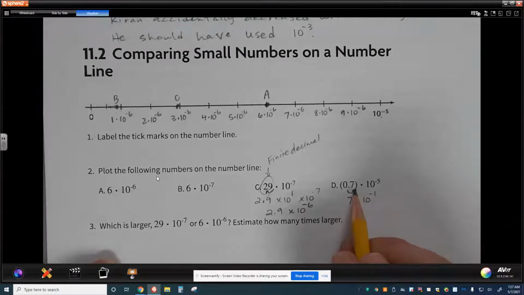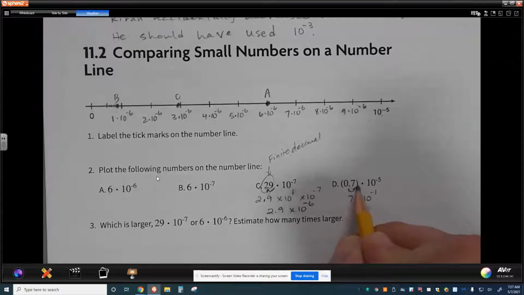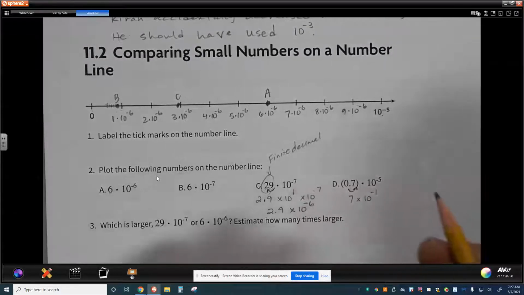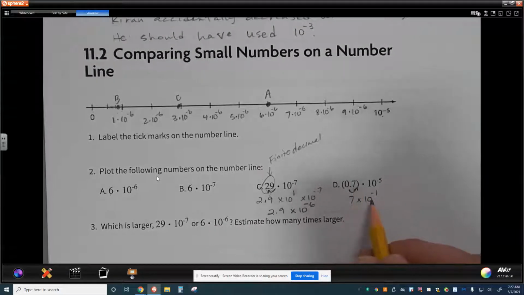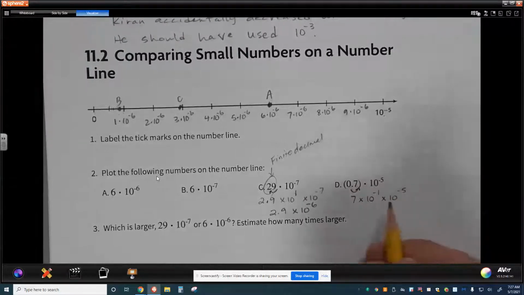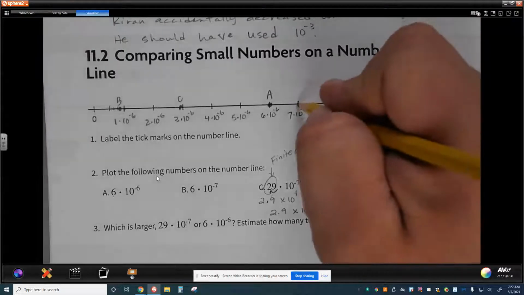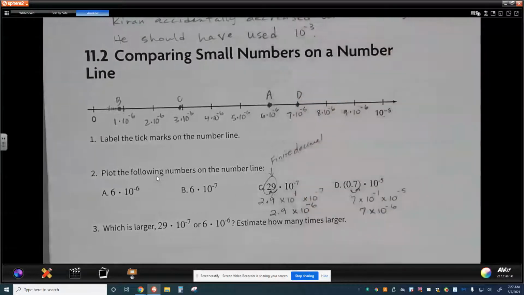I need to multiply this by 10. In order to multiply by 10, I need to borrow a power of 10, which means that will put me into the negatives. That will be multiplied by 10 to the negative fifth. Again, product of powers tells me that same basis, I can add the exponents, making this 7 times 10 to the negative sixth power, or here on the graph.